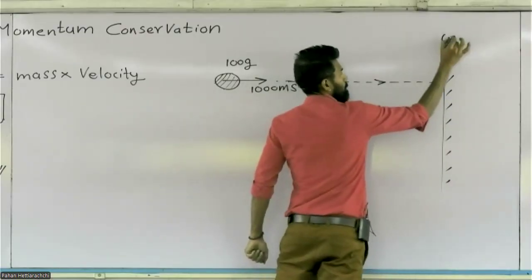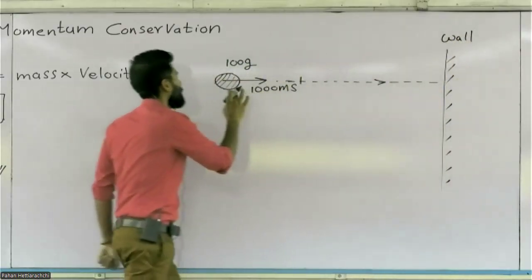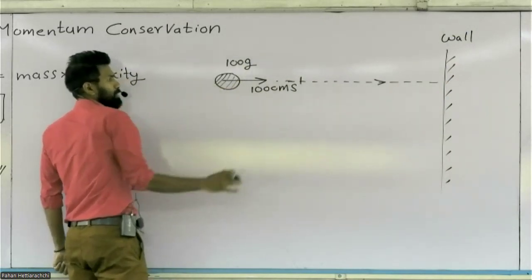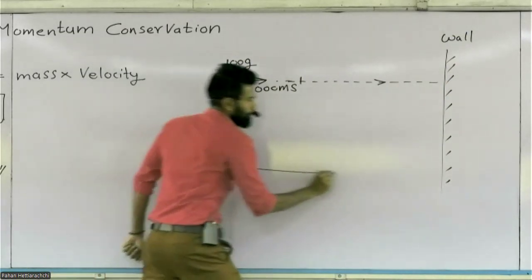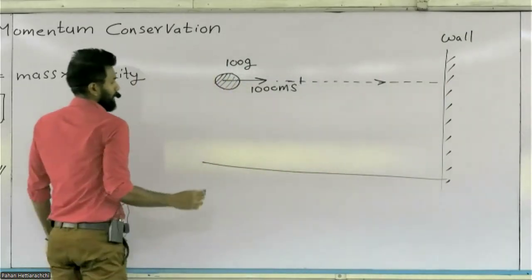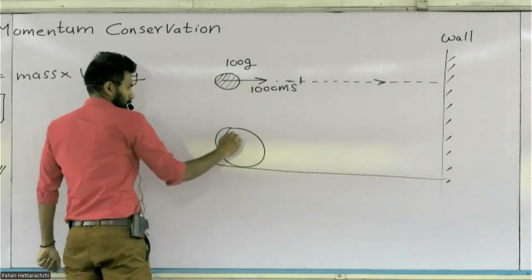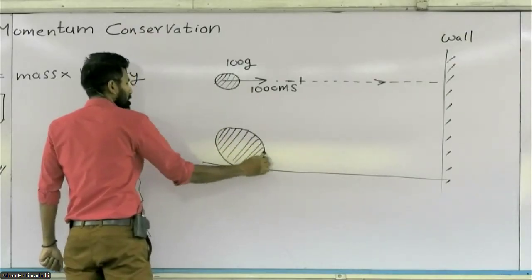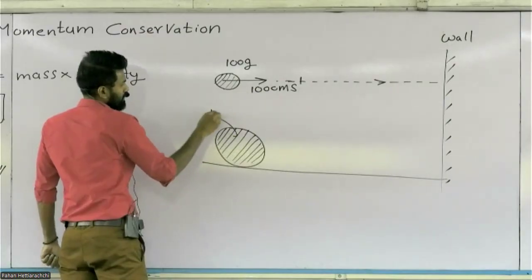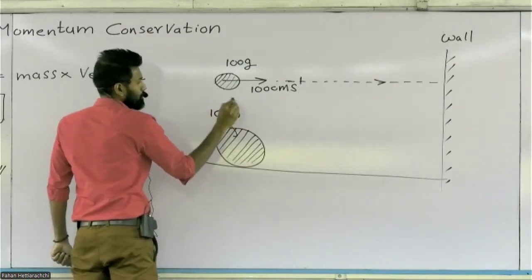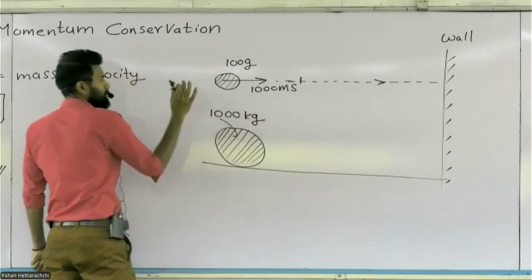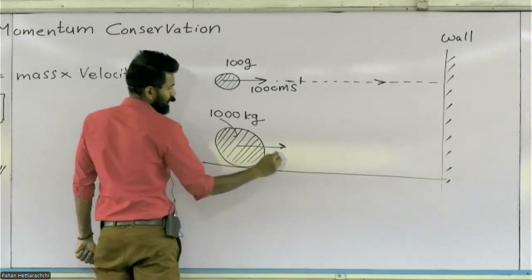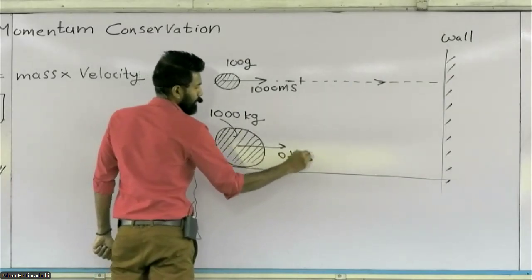The mass is 100 grams and the velocity is 100 meters per second. Now, there's another one. Here you have a very large stone, let's say 1000 kilograms, but its velocity is 0.1 meters per second.